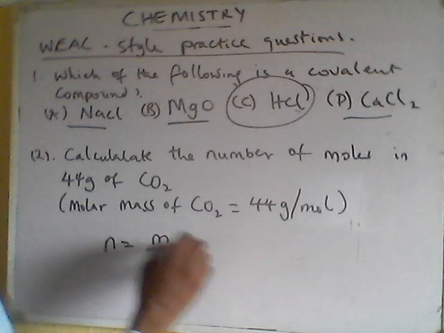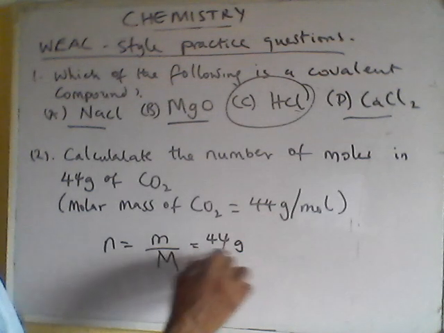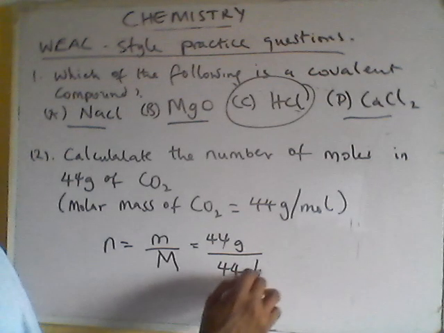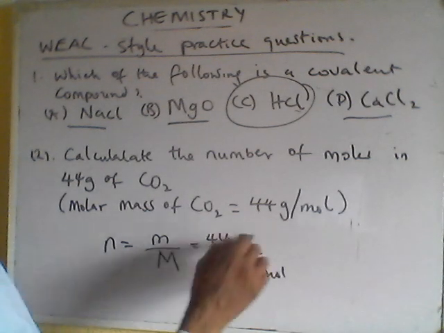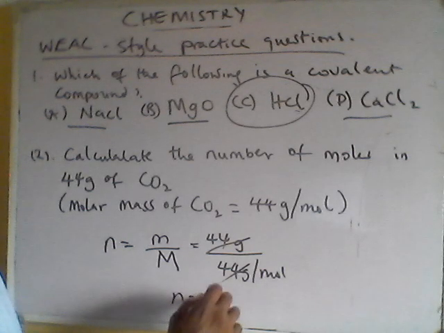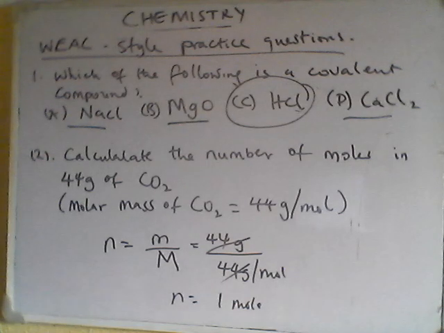I'm given that my mass in gram is 44 gram, and my relative molar mass is 44 gram per mole. So this will cancel this. So I have number of moles is 1 mole. So 1 mole is the answer.